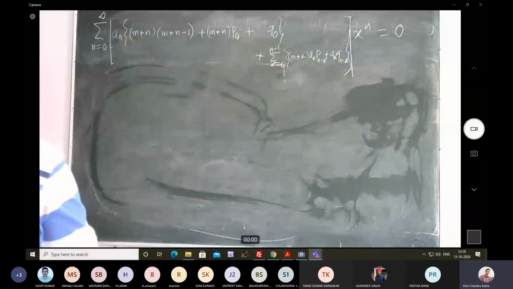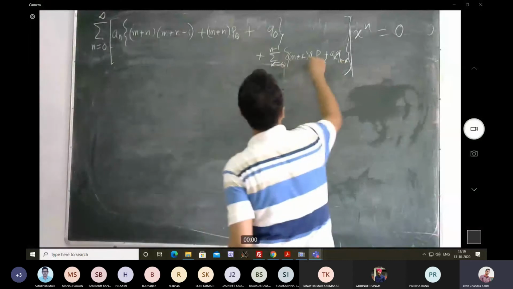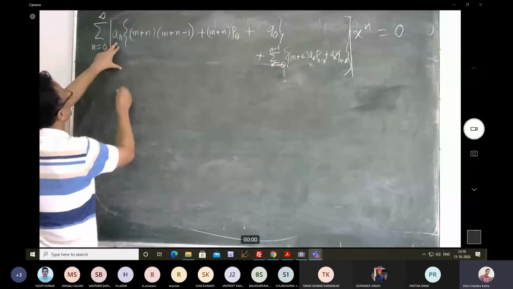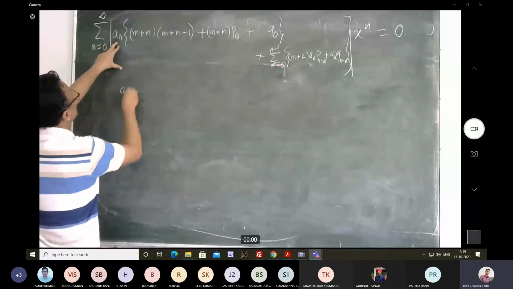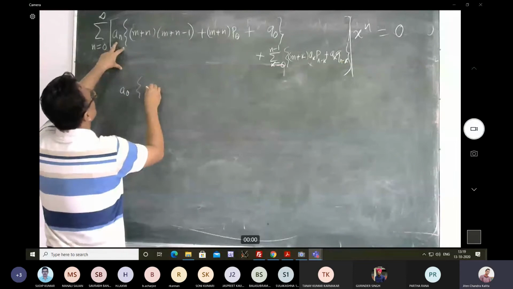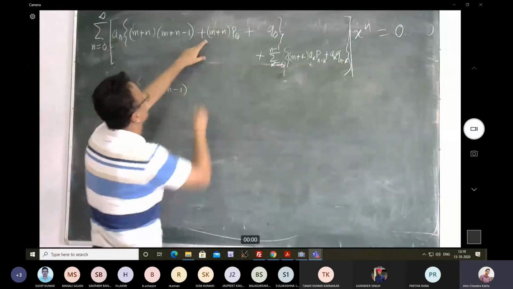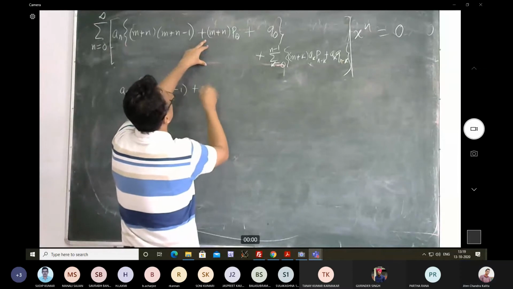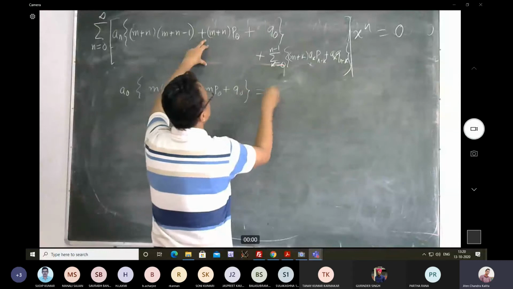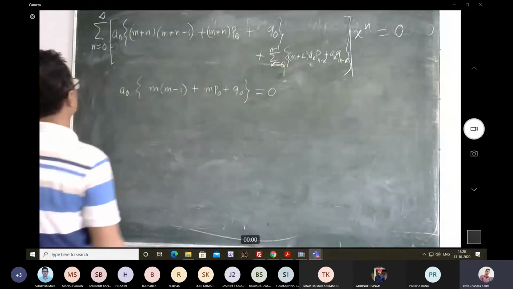So now when n equal to 0, this second term is redundant. So when n equal to 0, what happens? Firstly, you are going to get a naught, then your m minus 1 plus m p naught plus q naught. This is equal to 0. Right? You have got this.